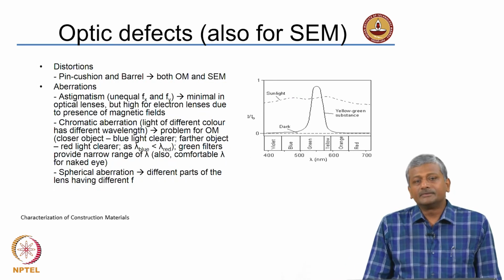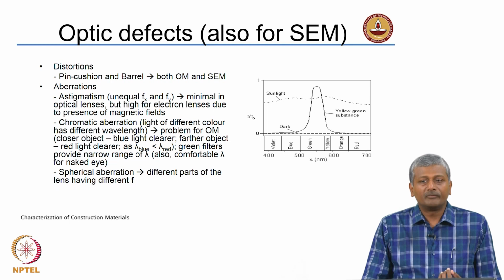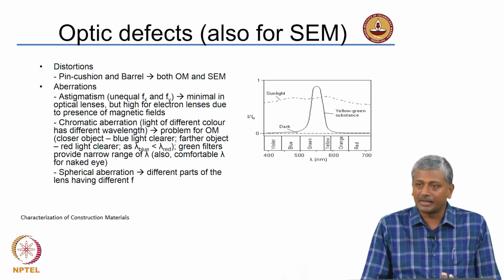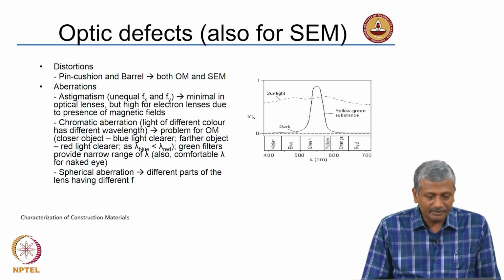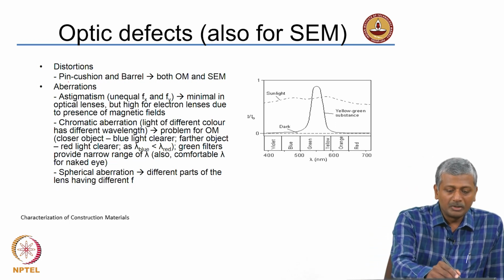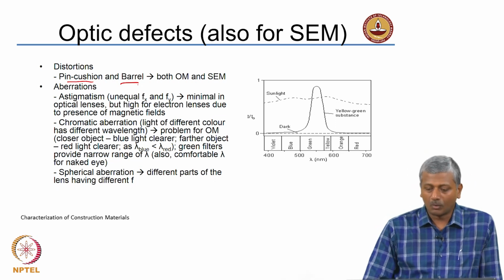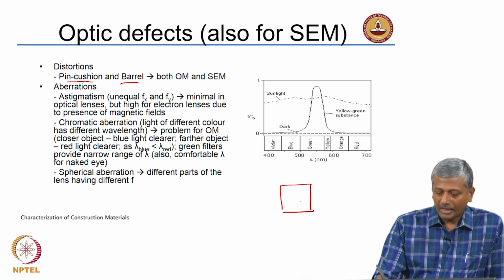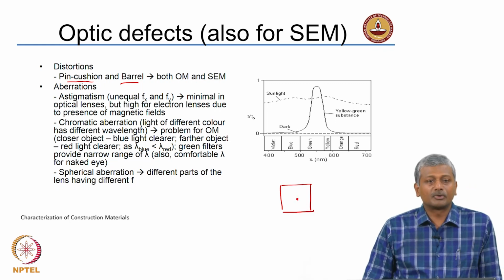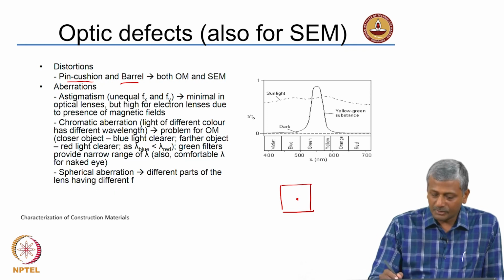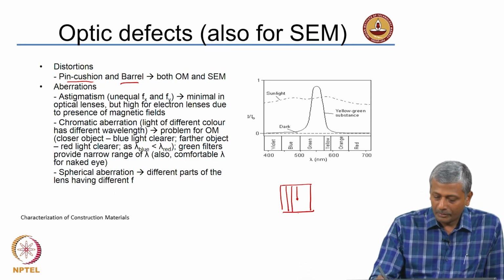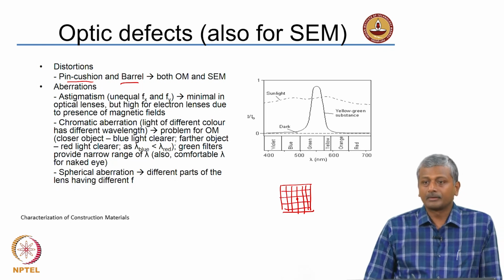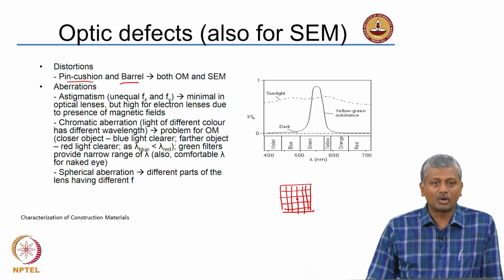Okay, so moving on, just like our eye lenses have defects, optical lenses as well as scanning electron lenses can also have defects. Now, what are these defects? One popular defect is the pin cushion and barrel defect. What does this mean? If you take a cushion and prick the center of the cushion with a pin, and the cushion were marked by vertical and horizontal lines, what will happen?